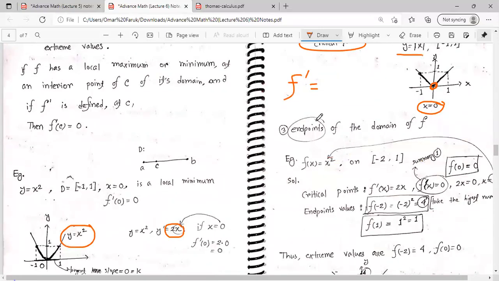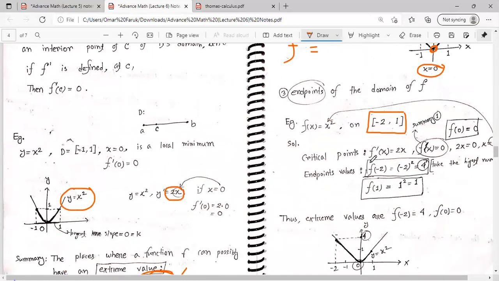And there is another thing called end points. End points are very simple. You just substitute the interval ends. For example, we have the function f of x is equal to x squared. You just substitute minus 2 here, and 1 here.